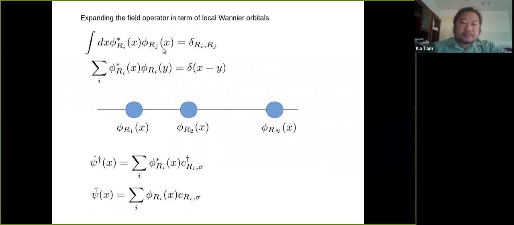So the product of two Wannier bases integrated over space gives a delta function, and similarly the same Wannier basis integrated over space gives again a delta function. So basically, we just expand the field operator in terms of some local bases. When we do the expansion, we will be very close to the Hubbard Hamiltonian we want to see.